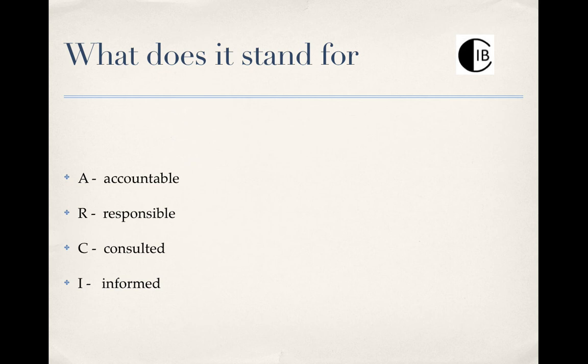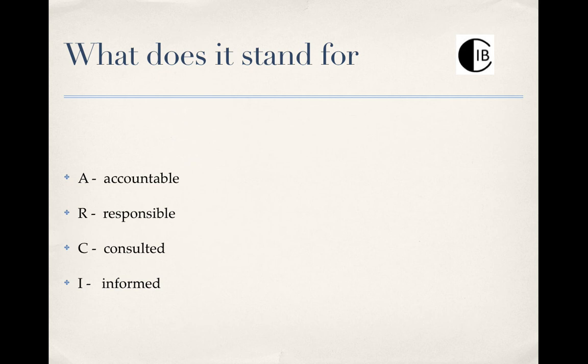I stands for informed, and it stands for the individual or individuals that have to be informed after a change has been implemented. A change we are talking about is, for example, a process or an activity that is being carried out. As you can see, we are covering 360 degrees of all the aspects of a specific function.